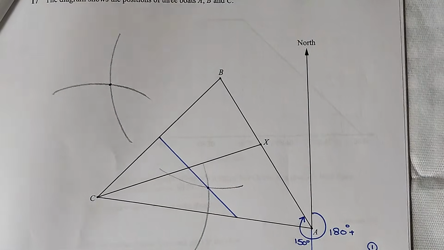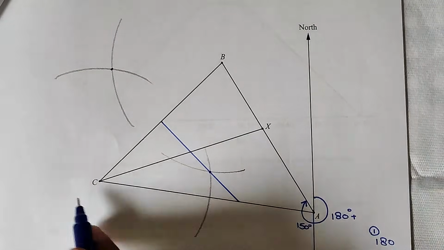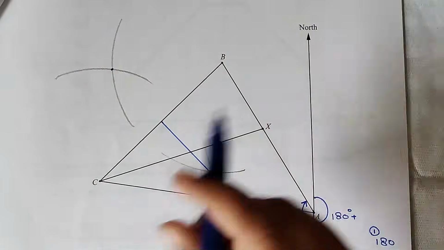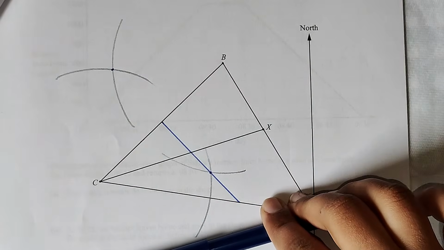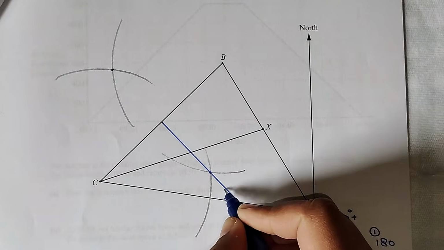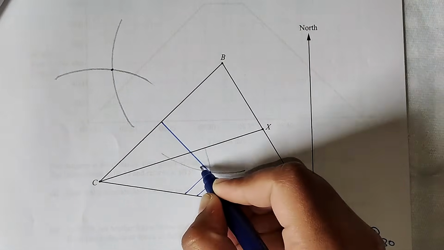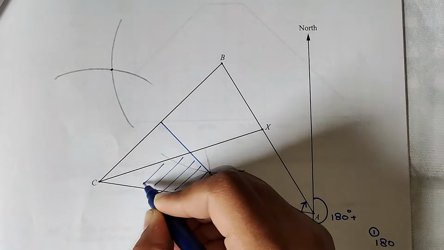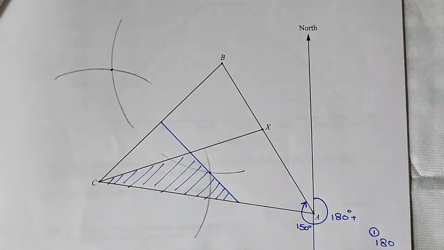It is closer to AC as compared to BC, which means this lower section, and it is closer to C than to B, so this one is the shaded region.